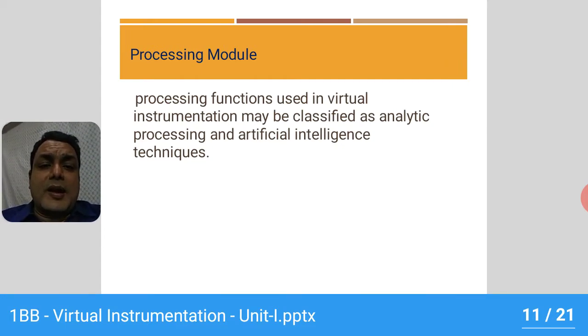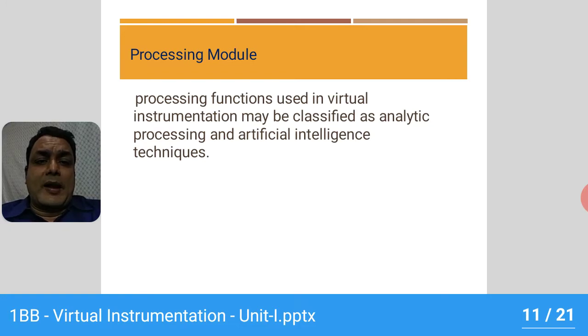Now, coming to the next module, it is called the processing module. As it is self-explanatory, processing of the input parameter is done in the processing module. The processing functions used in virtual instrumentation may be classified as analytical processing and artificial intelligence techniques. That means, depending on the environmental factors of the industry, sometimes you need to go for analytical processing, or sometimes we have to take decisions.